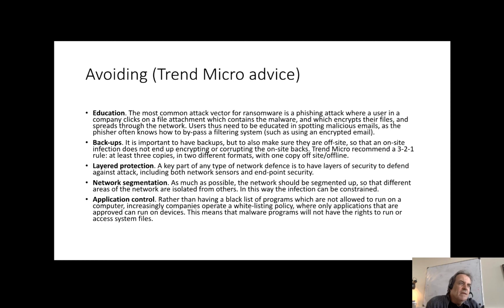It will often be unpatched applications such as Flash, Java, and Adobe Reader that would allow the ransomware to come in. It's important to have backups, and Trend Micro recommend the 3-2-1: 3 copies of a file in 2 different formats such as magnetic and tape, and then 1 copy off-site or offline.